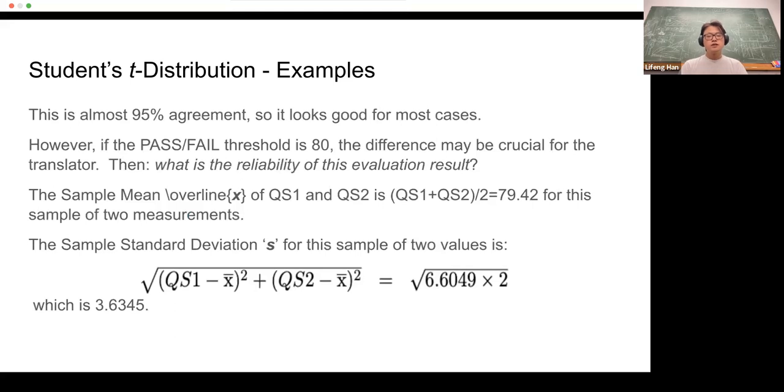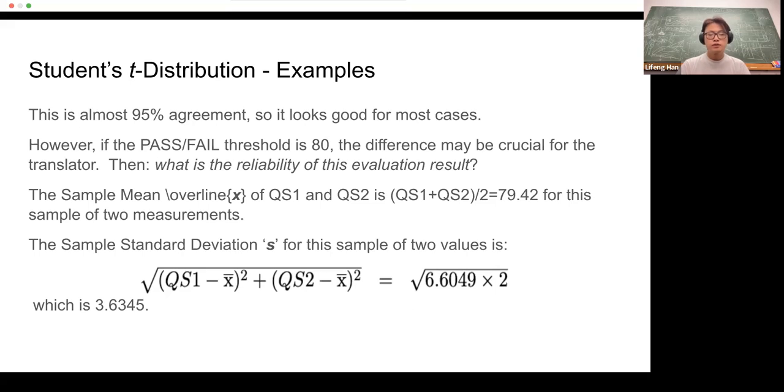This is almost 95% agreement, so it looks good for most cases. However, if the pass/fail threshold is 80, the difference may be crucial for the translator. Then what is the reliability of this evaluation result?